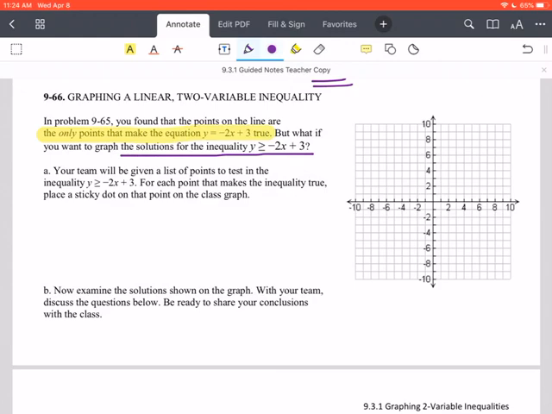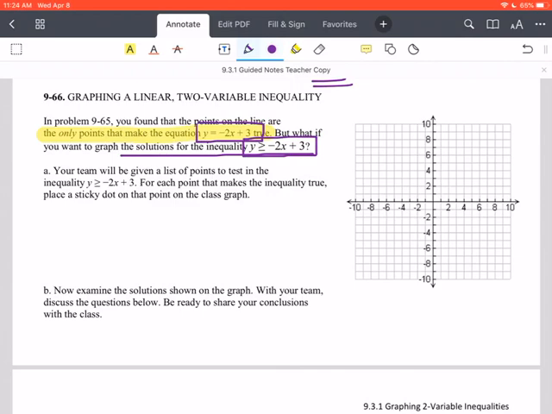So first we want to start off by regraphing this line. You can see that y equals -2x plus 3 has the same exact numbers as our inequality, but the equal sign has now turned into a greater than or equal to sign.